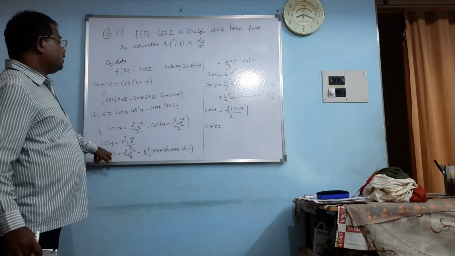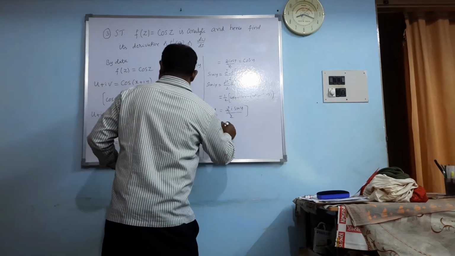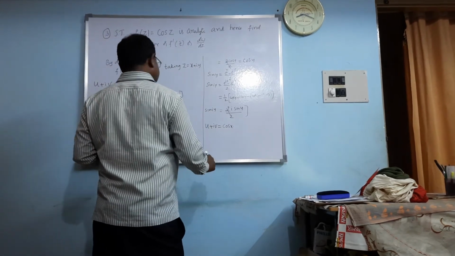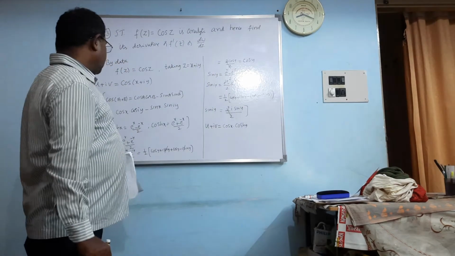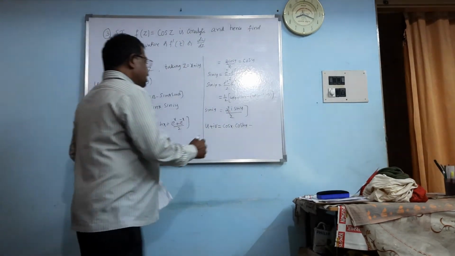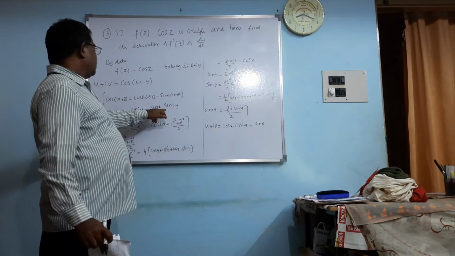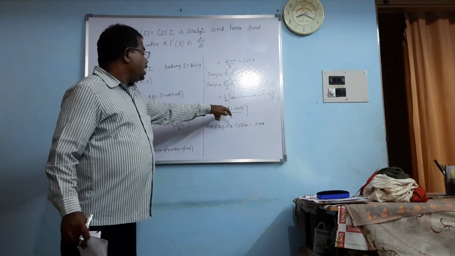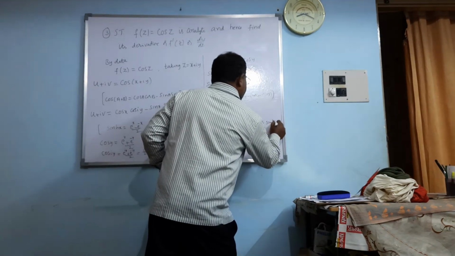Cos iy is cos hyperbolic y, right? Sin iy is what? Observe this. Sin iy is i into sin hy.